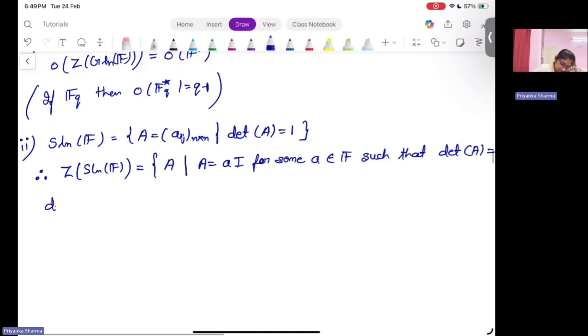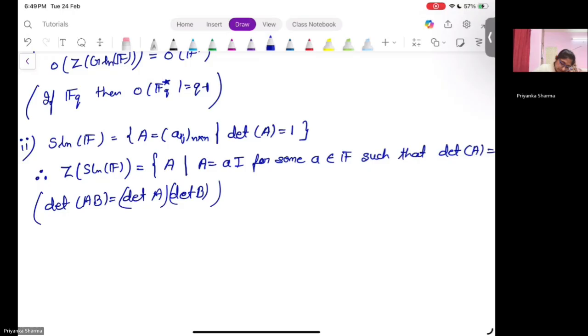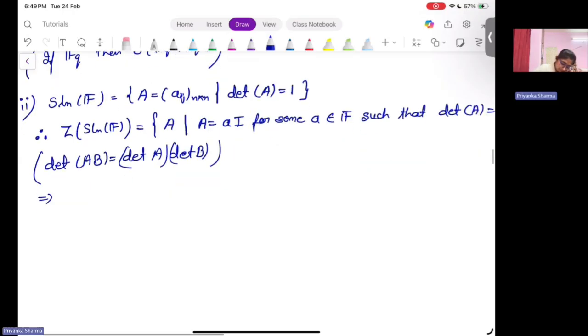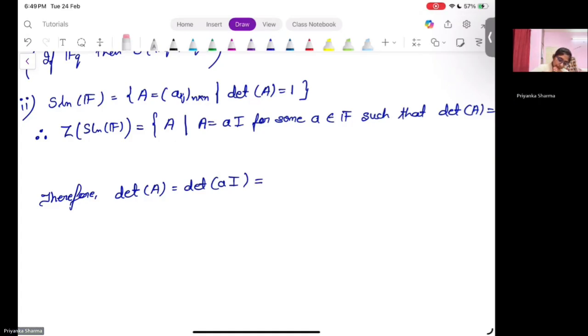And we know that determinant of AB is determinant of A times determinant of B. So this implies that if A is in Z(SL_n(F)), determinant of aI will be a^n.